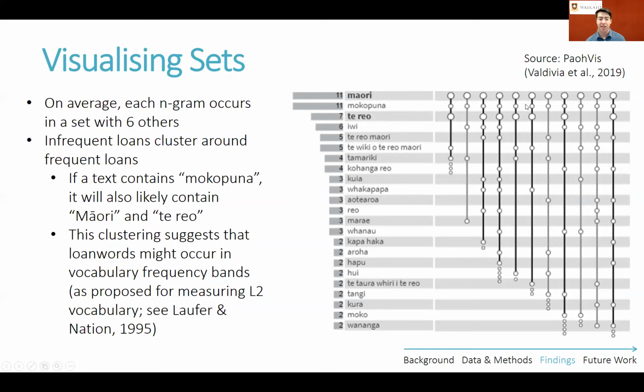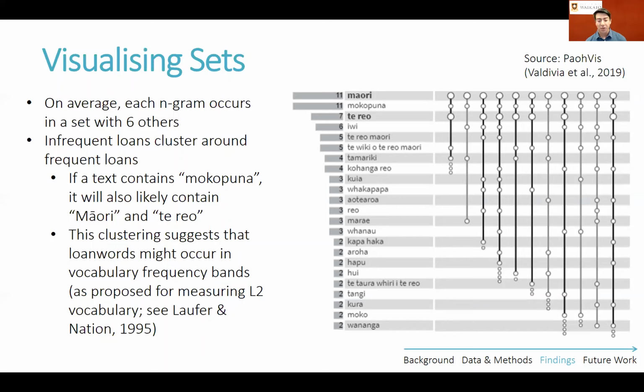So importance in this case means the loanwords that co-occur with mokopuna in a larger number of sets, in a larger number of texts, essentially. So overall, looking beyond the mokopuna sets, we find that each engram occurs in a set with 6 others on average. This reinforces the idea that loanwords occur in groups rather than in isolation.